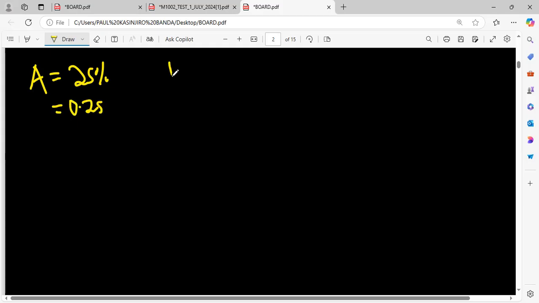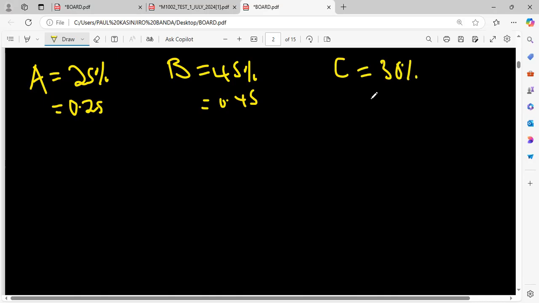Okay, then lab B, we were told it's 45%. 45% is the same as 0.45. Okay, C, we were told that it's 30%. So this 30% is the same as 0.30. Okay, in decimals.